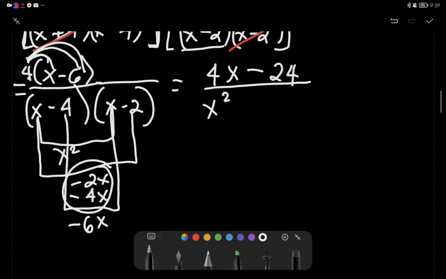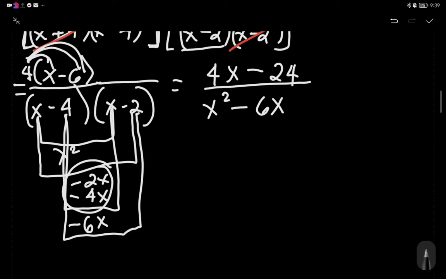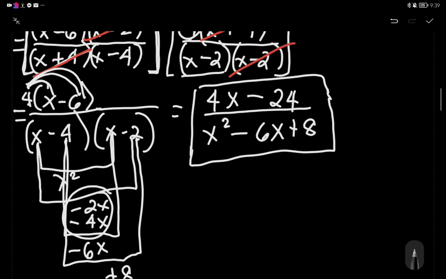Copy the sign. So, we're going to write negative 6x. And the last terms, negative 4 and negative 2. Negative 4 times negative 2, that is positive 8. So, we write positive 8 here. So, our final answer is 4x minus 24 over x squared minus 6x plus 8.